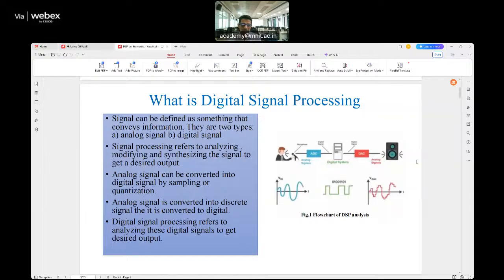Now my question is, when you are saying analyzing and modifying, what is it? You are all senior people in signal processing, at least you have gone through it. So can you tell what you mean by analyze? What is the small difference between analyze and modify?